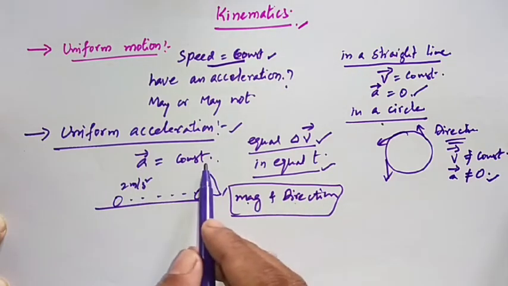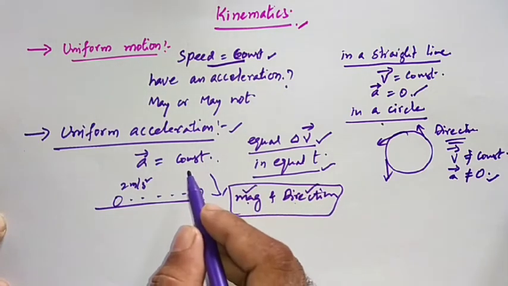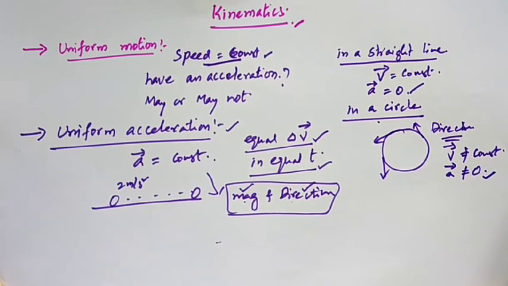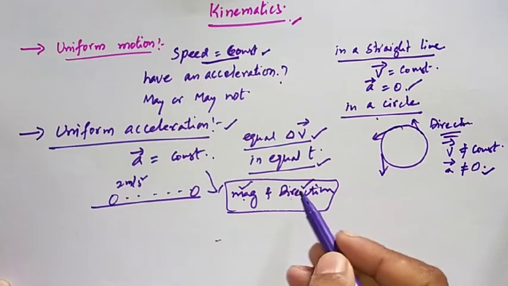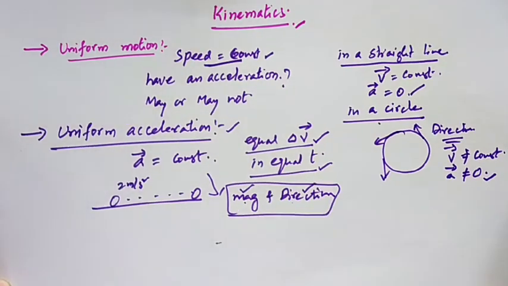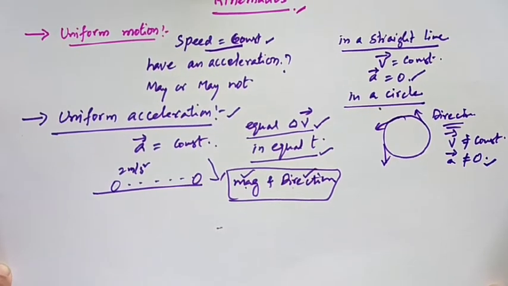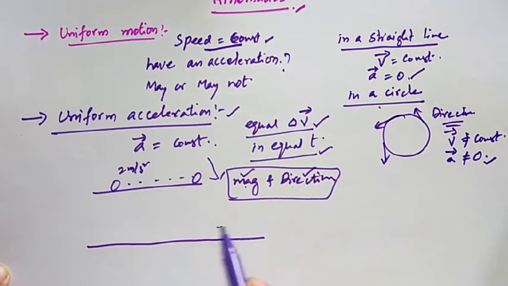So constant means magnitude constant and direction also constant, then only we can say the acceleration of the body is constant. Otherwise it is non-uniform acceleration. If any one or both are changing, that is considered non-uniform acceleration.